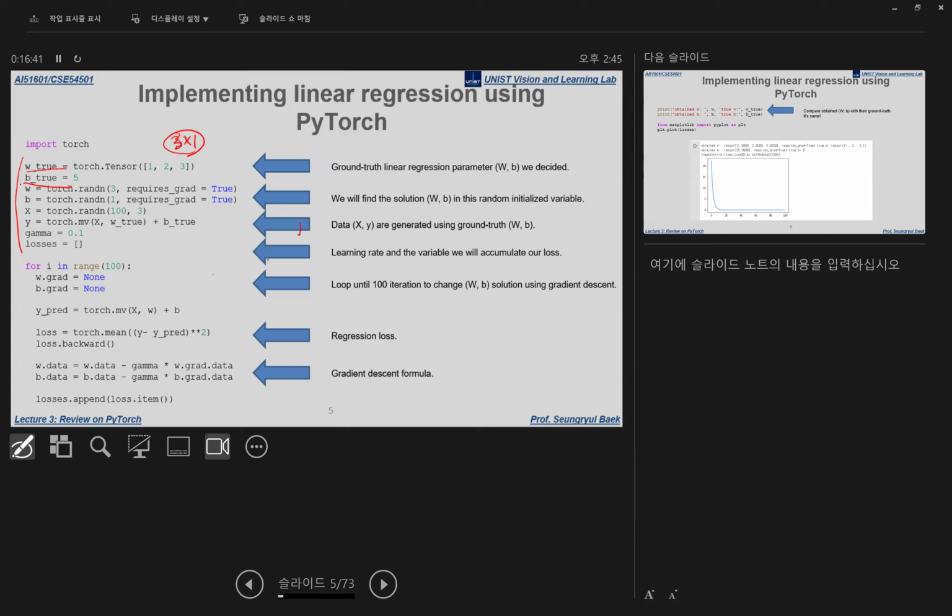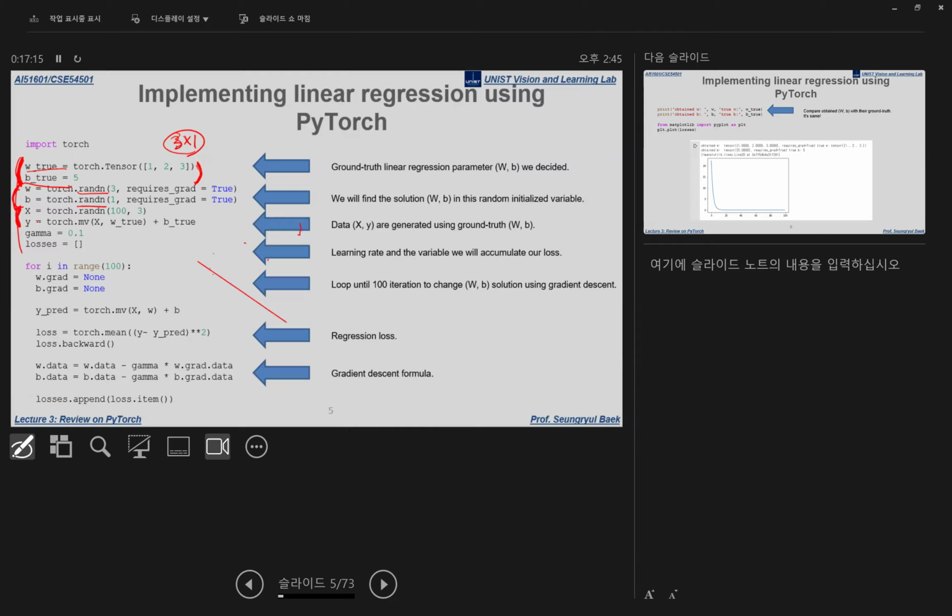This is some true W and B. We want to find this W true and B true via this optimization step. But the W and B that we will optimize are randomly initialized, with the same dimension as W true and B true, but having some random value at the initial status.